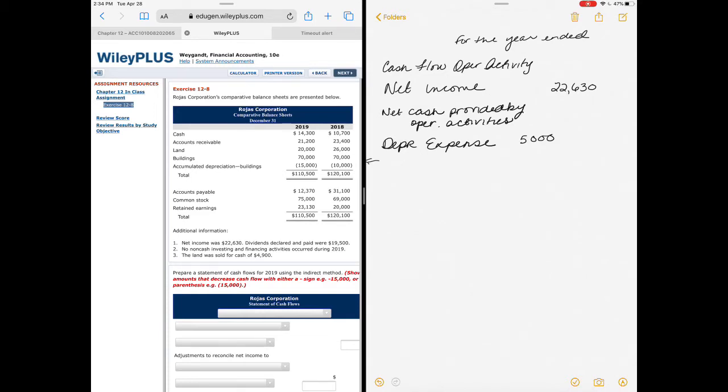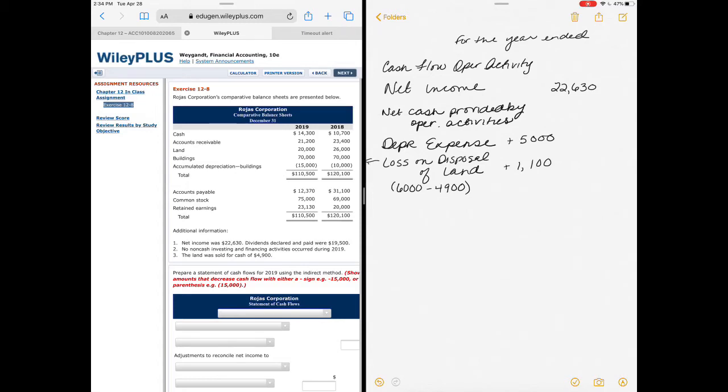But since we got $4,900 for that land, but it went down by $6,000, that means we must have a $1,100 loss on that disposal. So I'm going to include that loss on disposal of land. And my loss must have been $1,100 because land went down by $6,000, but I did get $4,900 cash for it. These are both being added back in to get to that cash piece.